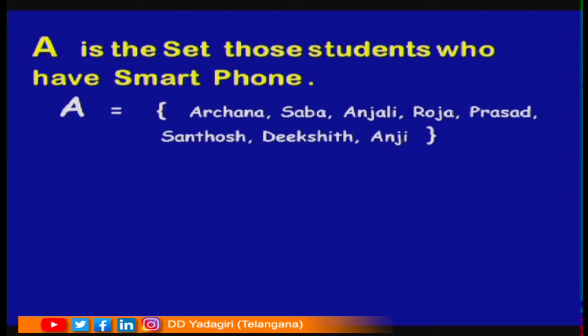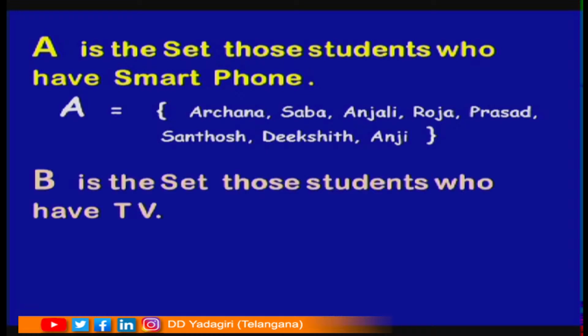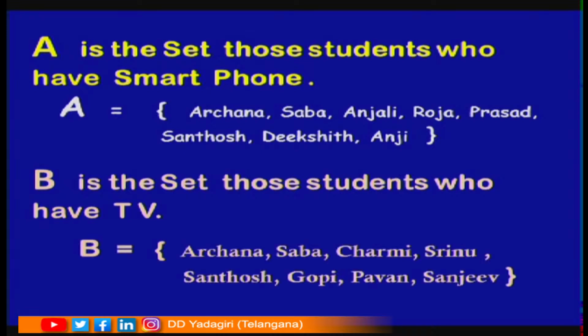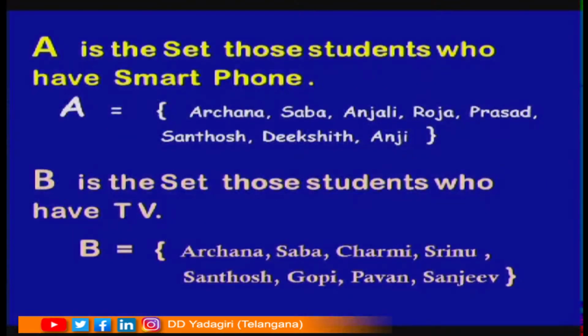In my class, set A is equal to Archana, Sabha, Anjali, Roja, Prasad, Santosh, Dikshita, Anji. These are having smartphones. B is the set of those students who have TV. B is again, you see, Archana, Sabha, Charmi, Srinu, Santosh, Gopi, Pavan, Sanjeev. Dear children, observe the elements in both A and B carefully.